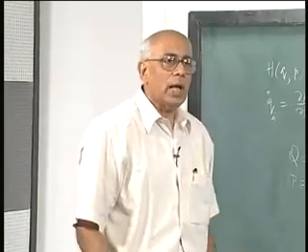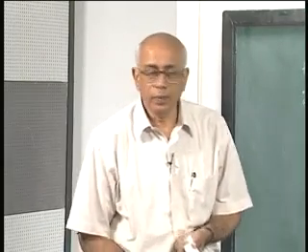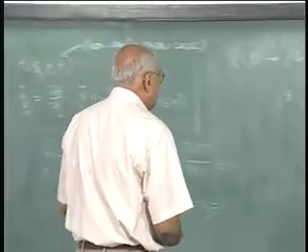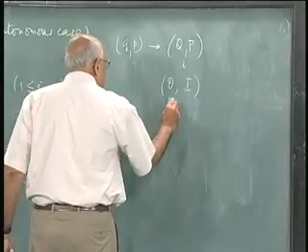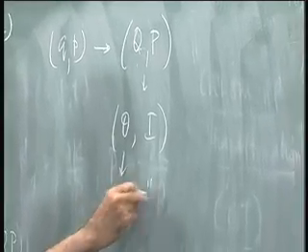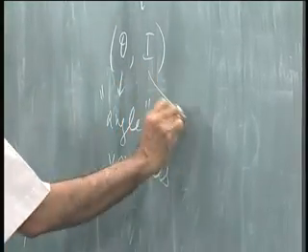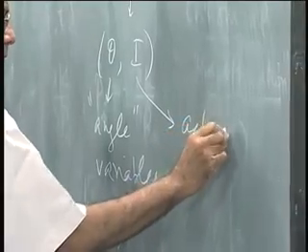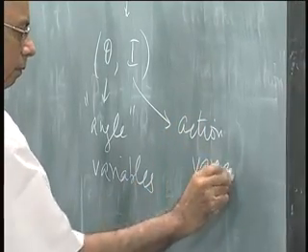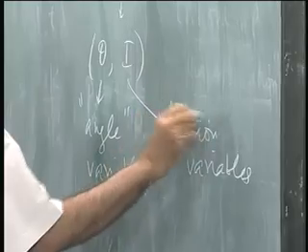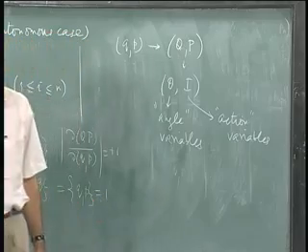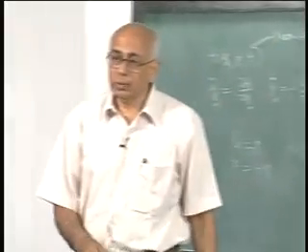These thetas are called angle variables and the capital I's are called action variables. I will explain why this is true, and we will also look at a simple example. This canonical transformation which does this magic is called a transformation to action angle variables.